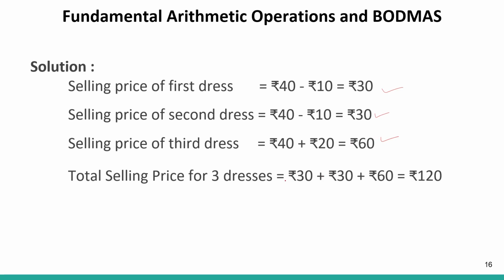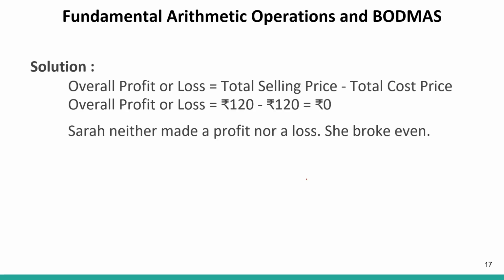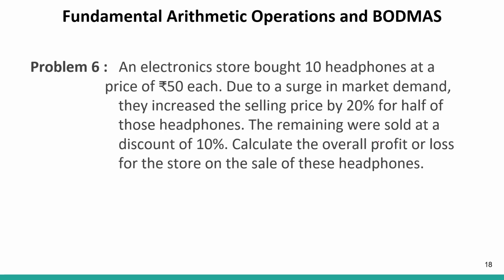The total selling price of 3 dresses is 30 plus 30 plus 60, equal to 120 rupees. Overall profit or loss is total selling price minus total cost price, so 120 minus 120 is equal to 0. She neither made a profit nor a loss, so she broke even.